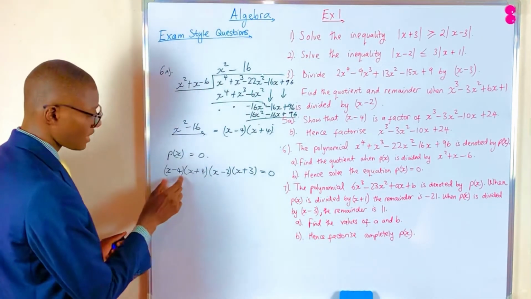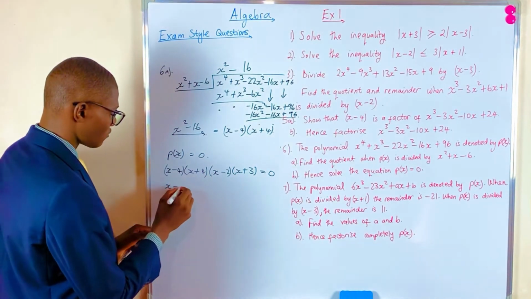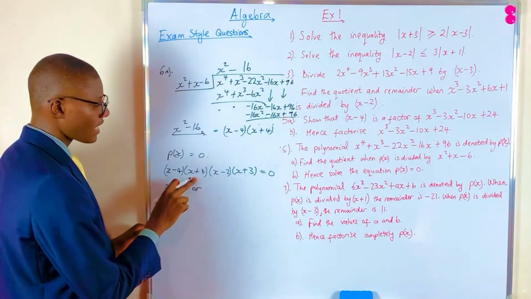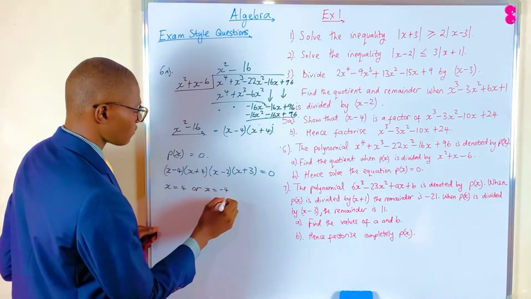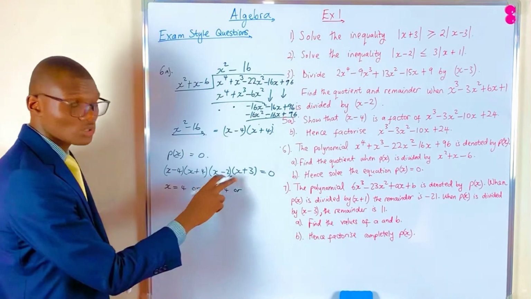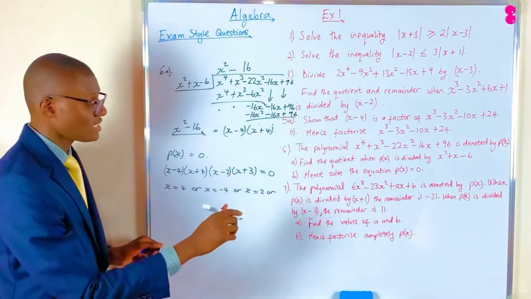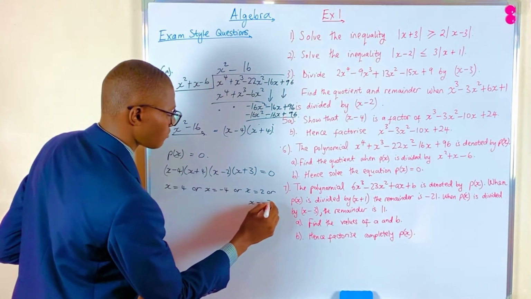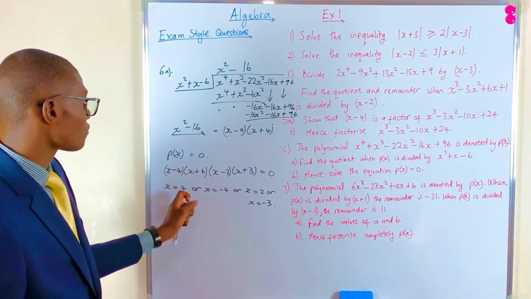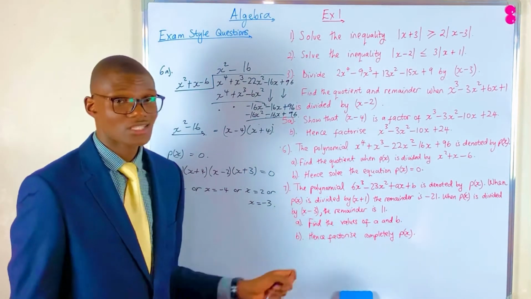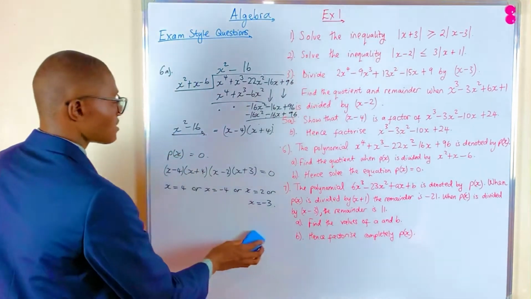So we're saying either x minus 4 is equal to 0, which implies that x will be equal to 4, or x plus 4 is equal to 0, which implies that x is equal to minus 4, or x minus 2 is equal to 0, which implies that x is equal to 2, or x plus 3 is equal to 0, which implies that x is equal to minus 3. So these are the solutions that we get for x: x is equal to 4, x is equal to minus 4, x is equal to 2, or x is equal to minus 3. Now let's move on to look at number 7.